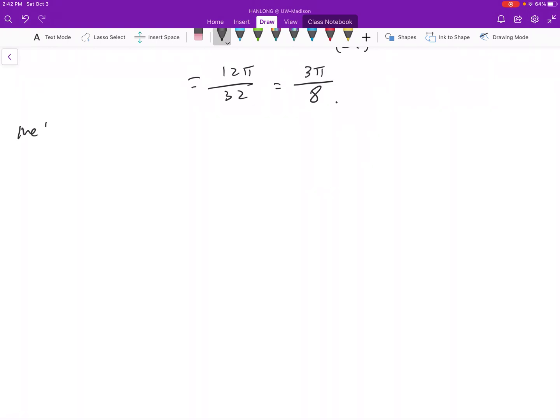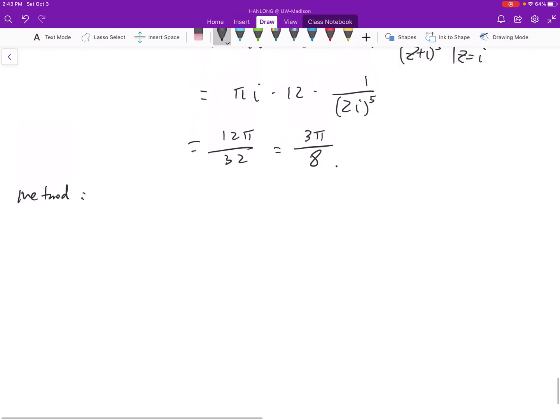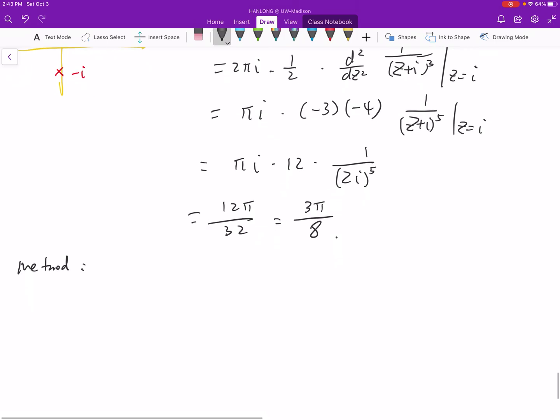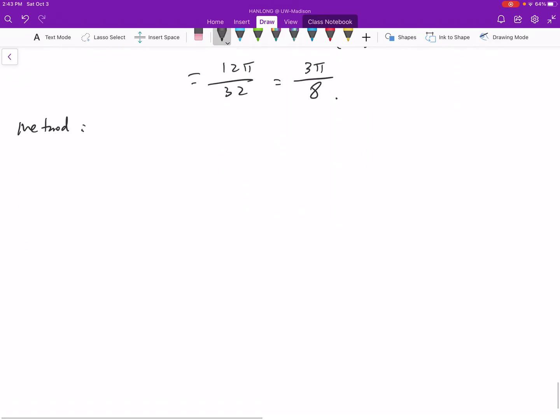Okay, and now let's verify the remark, which says we can also calculate the residues in the lower half plane.